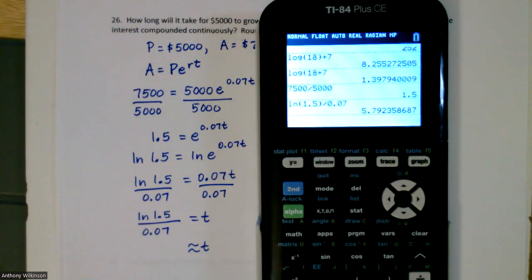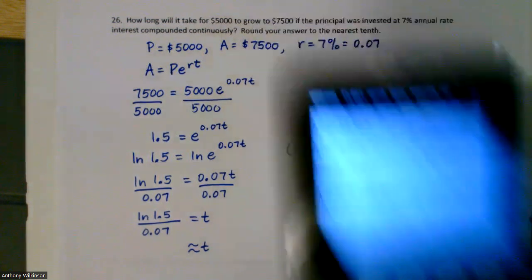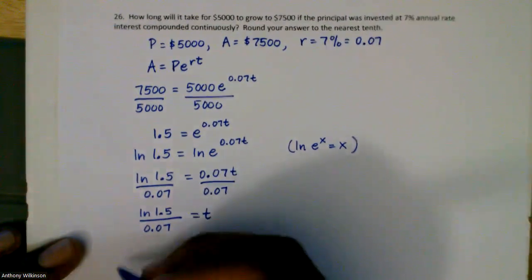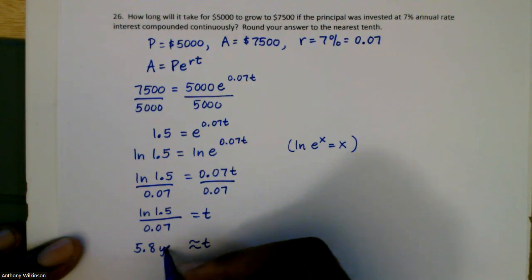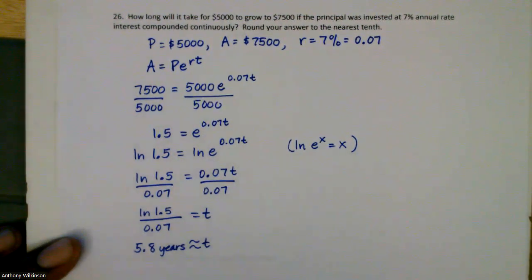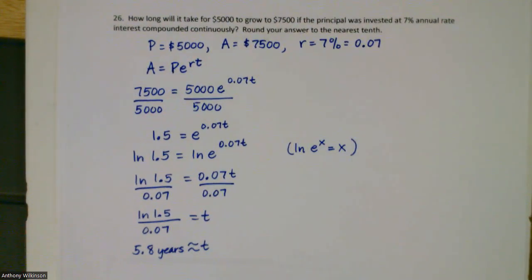Then hit enter. To one decimal place, that would be approximately 5.8. So it would take approximately 5.8 years for a $5,000 investment to go to $7,500 at a 7% interest rate compounded continuously.